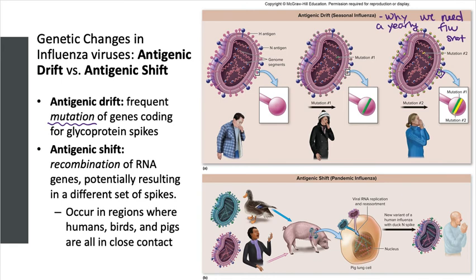And so now we have a completely different set of spikes that can cause a severe immune reaction. And so antigenic shift events, this is what will result in the new strains of influenza that are associated with pandemics, like the swine flu pandemic of 2009, and also the 1918 Spanish flu, which killed millions around the world.